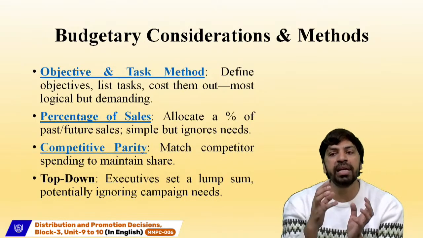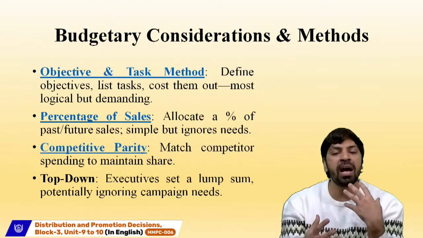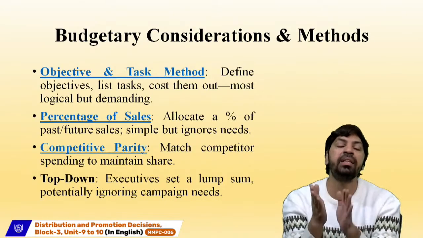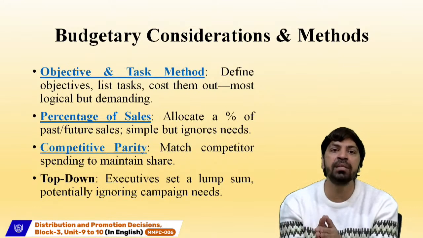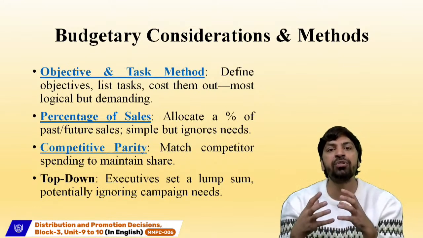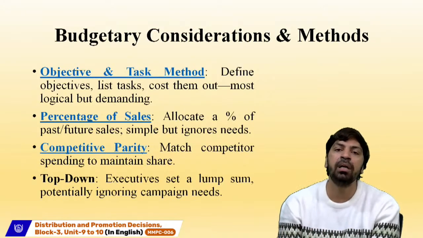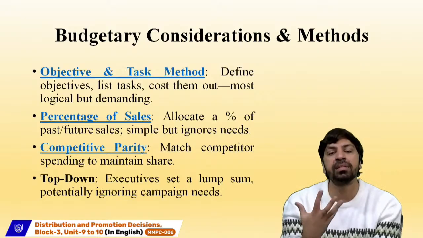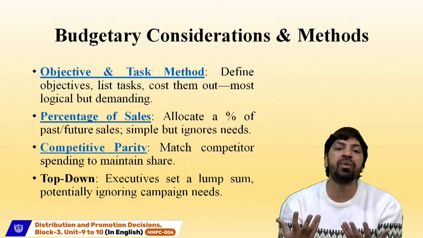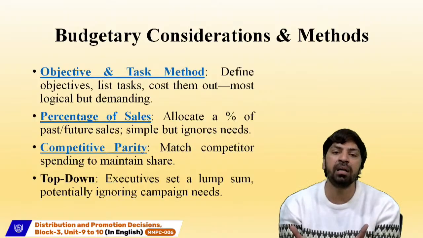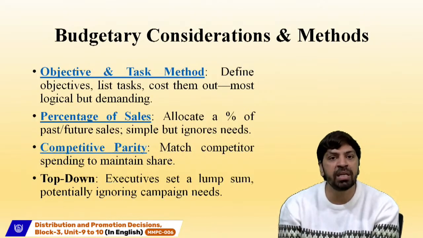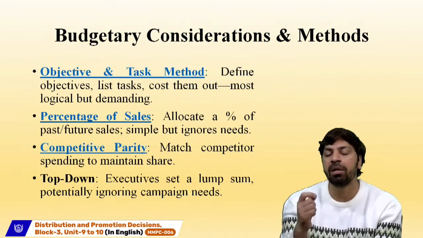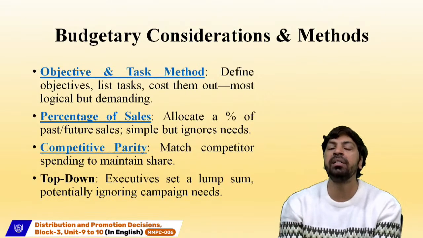It also lists the tasks, what has to be done and what the costs involved in these tasks are, and it should be decided on the most logical activities, so that the budget would be considered. It should also refer to the demanding activities, and accordingly the cost has to be decided on the listed tasks.